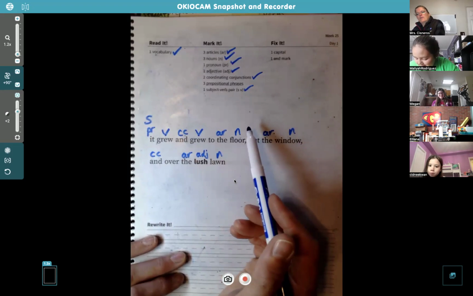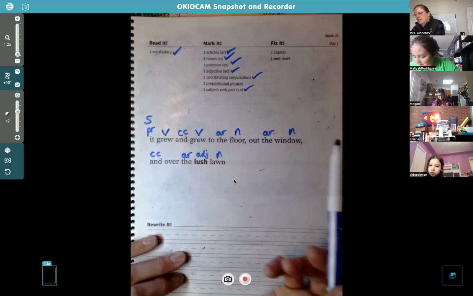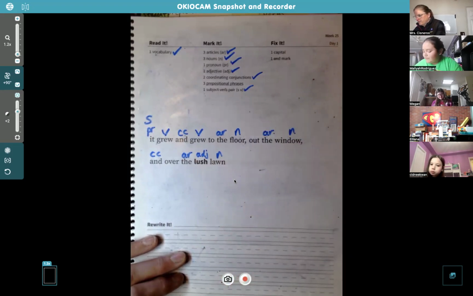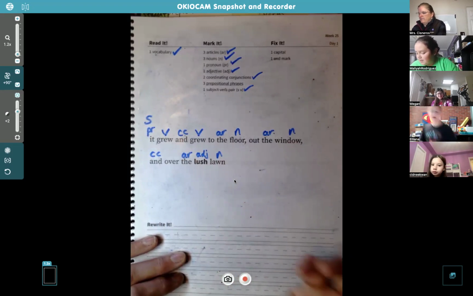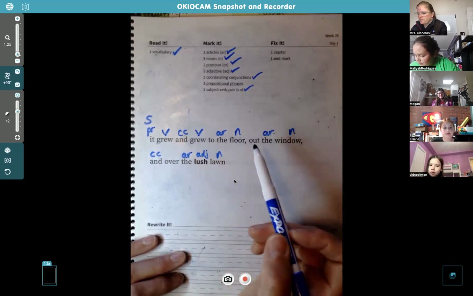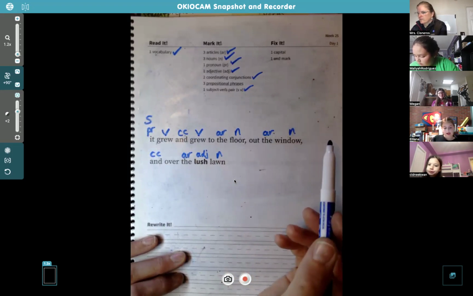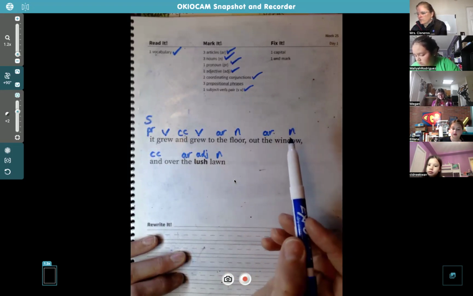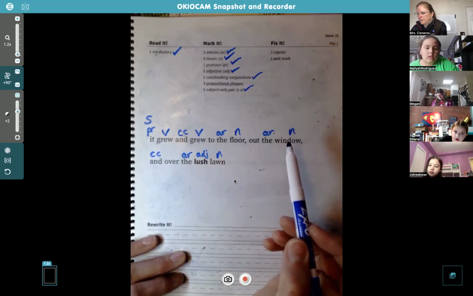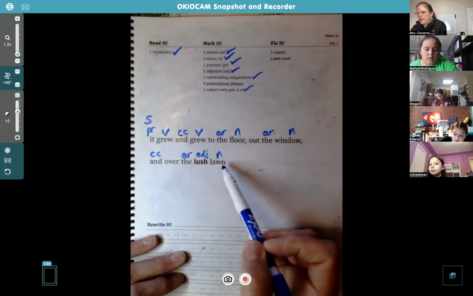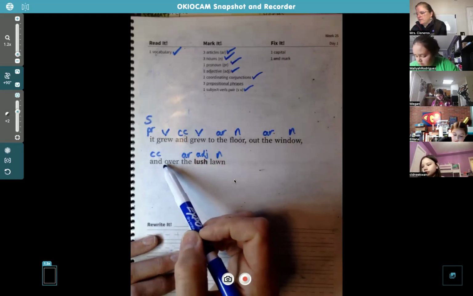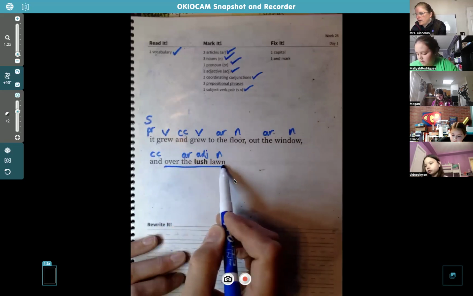Okay, what about the three prepositional phrases, Eliana? There's three of them. Over. Okay, the whole phrase, over what? The last one, over the lush lawn, is one.